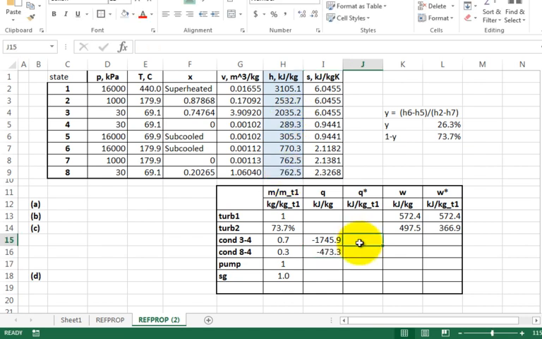And now, to get the Q asterisk, I multiply by, hey, this doesn't look so good. Put that as percentages there. Maybe add another. There you go. Okay. Is equal to this times that mass fraction. And then this is equal to this quantity times that mass fraction. Now, those Q asterisks and W asterisks are all on the same mass flow rate basis.